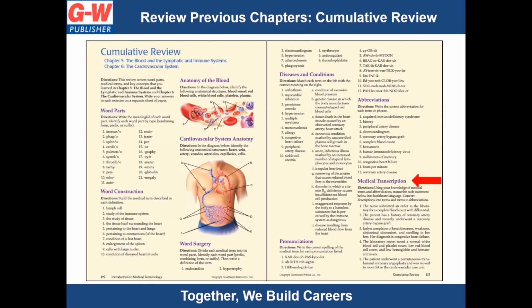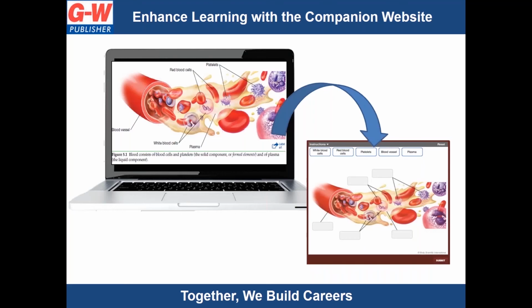After every 2 chapters, there is a cumulative review that assesses and reinforces concepts and terminology learned in previous chapters. There are several activities, including a medical transcription activity in which students must convert descriptions and terms into abbreviations. As I mentioned earlier, our textbook is interactive, allowing students to click on icons within the pages.